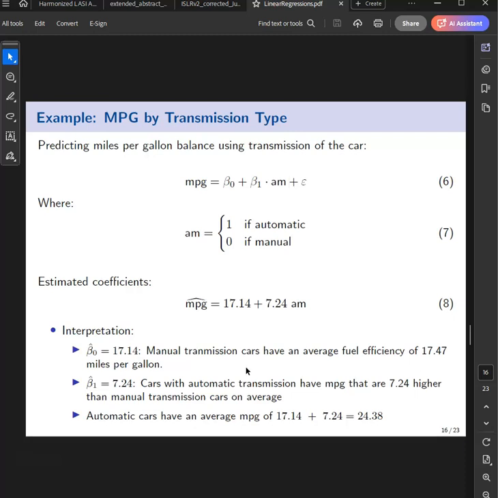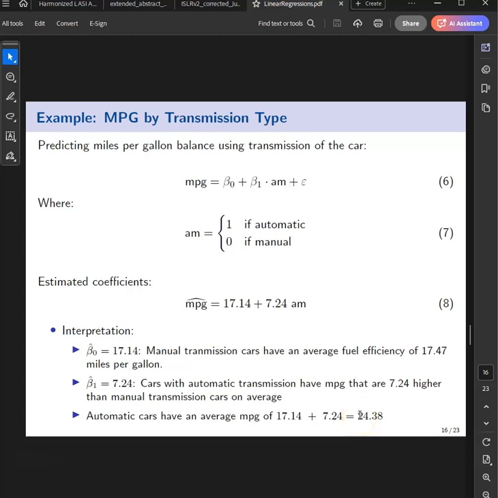Some can have higher, some can have lower, but on average, automatic transmission cars have a 7.24 higher MPG than manual transmission cars. And therefore, the total effect for the automatic cars is 17.14, which is the baseline in this model, plus 7.24, which is 24.38.